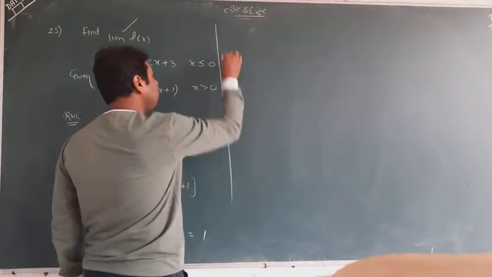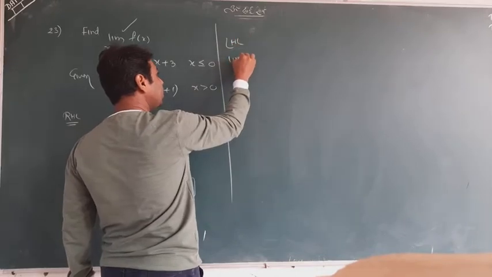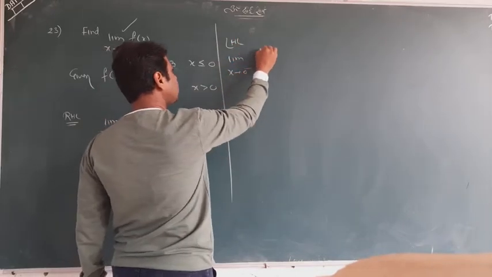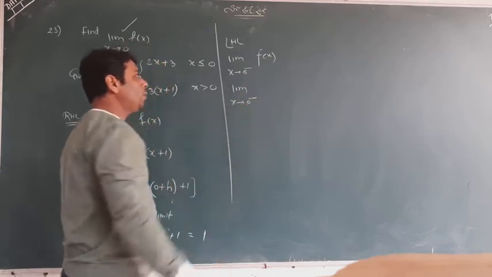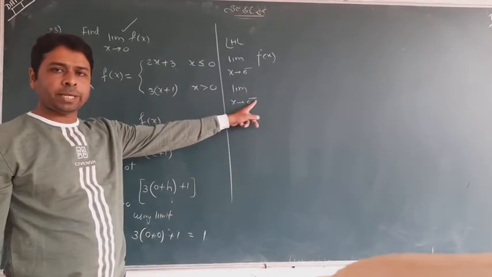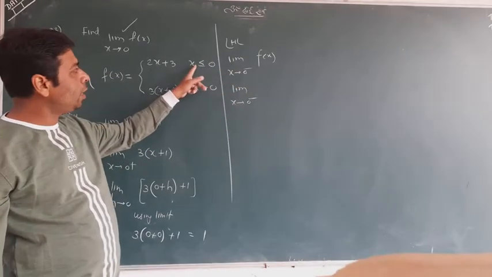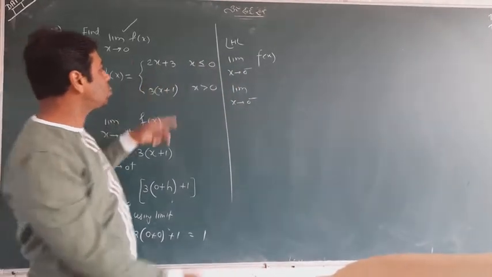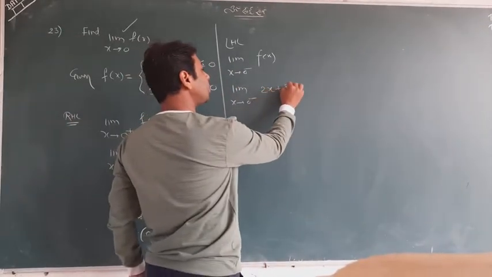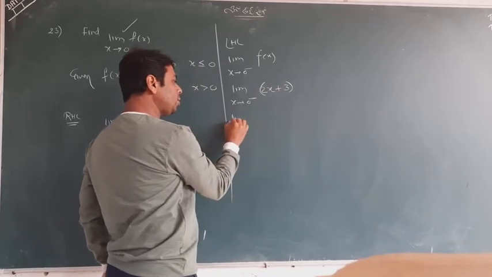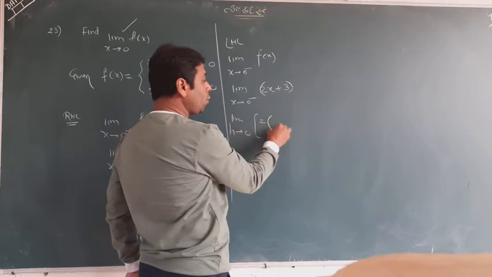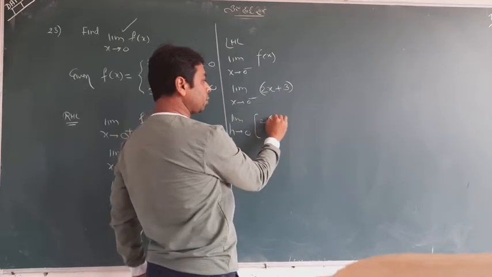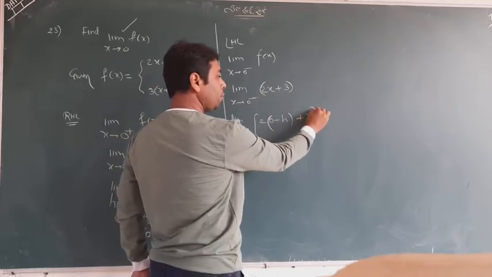Now I will find the left hand limit, x tends to 0 minus. What is the function? This time, with a minus sign, you take the less than condition. x less than 0 gives 2x + 3. As h tends to 0, I change this to h, so instead of x you write 0 minus h, plus 3.